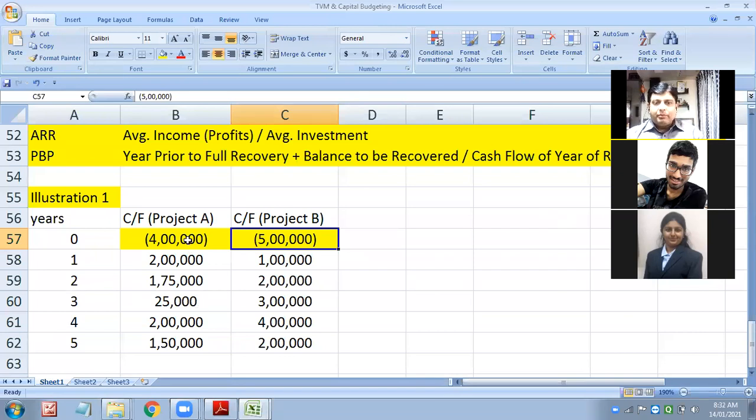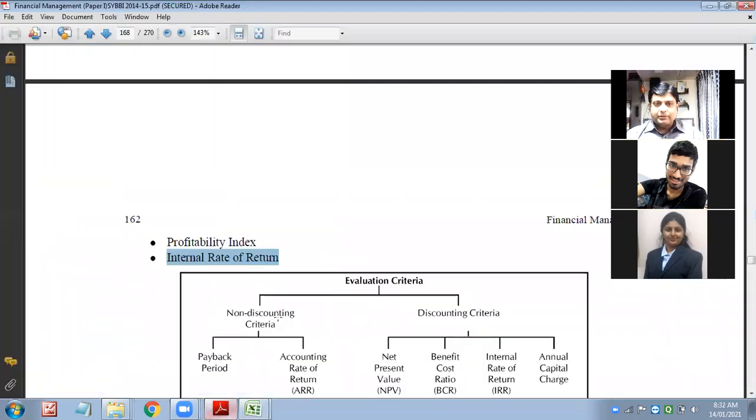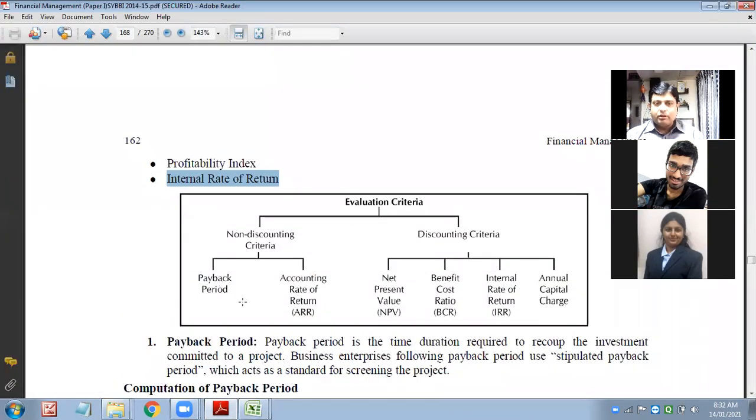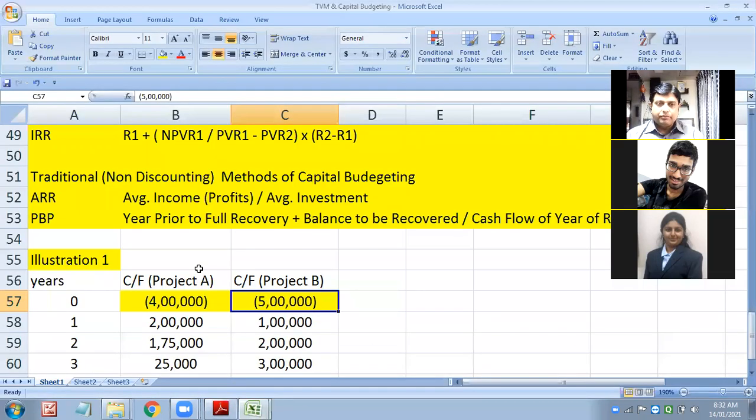Now I will go one by one, as it is specified in the book. Let me apply the payback period method, which is explained here: the time duration by which we are getting our money back. Let me see whether it is happening or not.